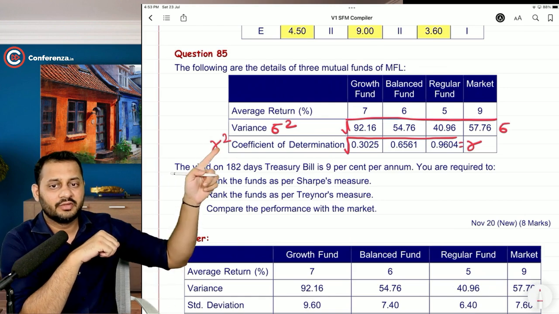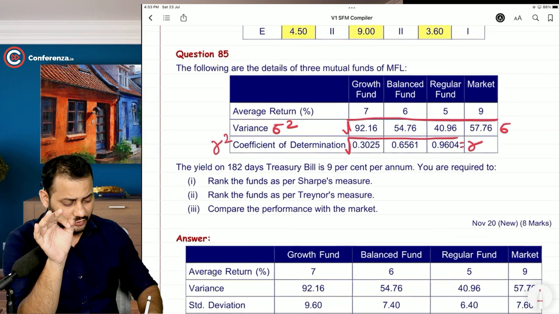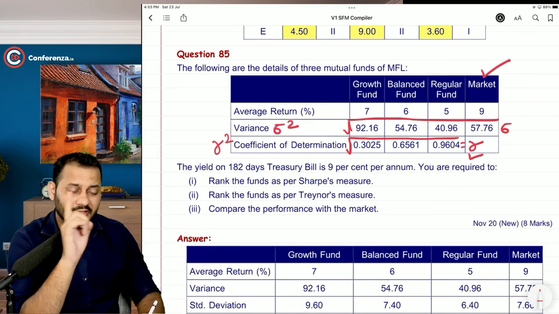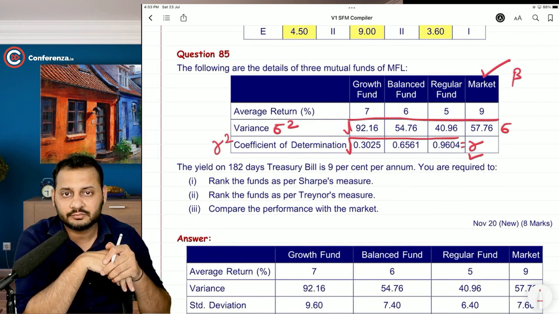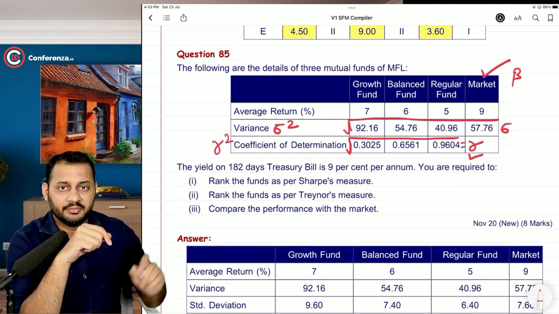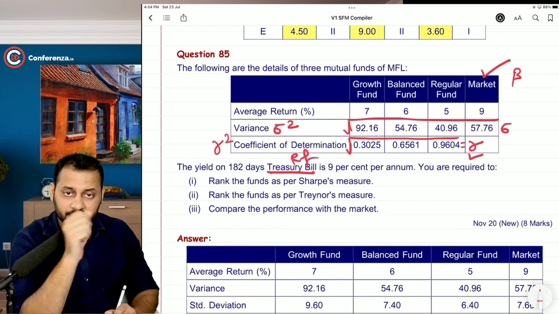Now since you have reached the coefficient of correlation, you also have the standard deviation of the market and the standard deviation of the individual fund. You can calculate the beta easily. Now the yield on the 182 days treasury bill is 9%. Treasury bill is the risk-free security.